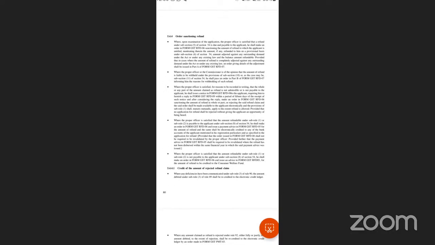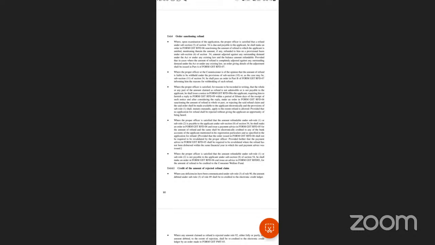Now here, once the proper officer is satisfied about the claim and sanctioned, then the refund under section 54 subsection 5 is due and payable to the applicant, and he shall make an order in the form GST RFD 06.